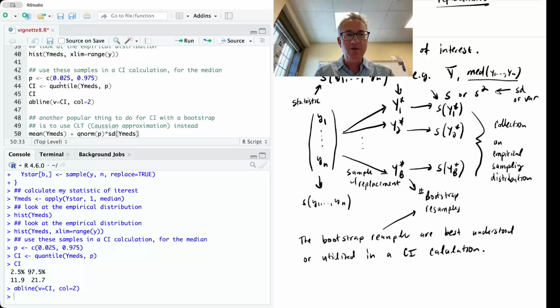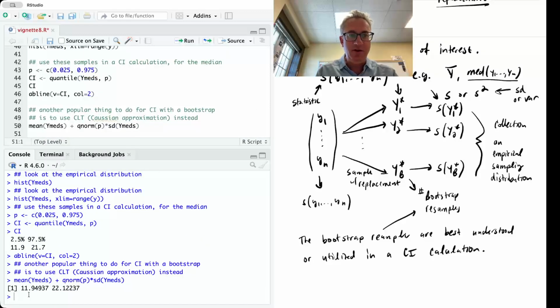So instead of using the quantile function, which only takes values that are in those medians, and there are only maybe 10 unique values out of the 31, you're going to use a formula that assumes that the medians are on average Gaussian, which they would be, to make the calculation. But you don't get a very different interval in that case.